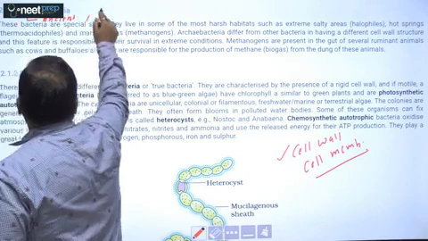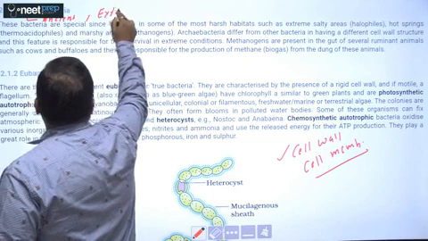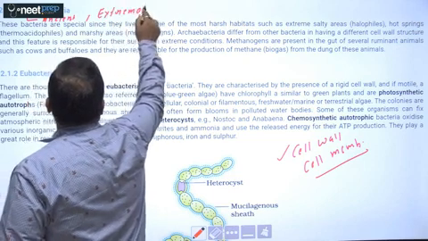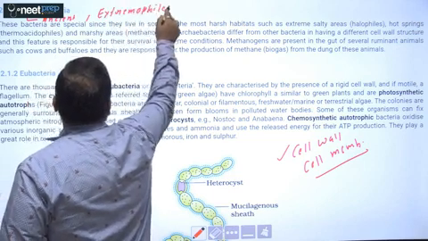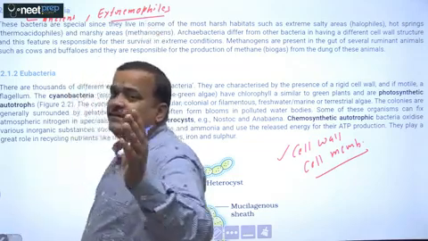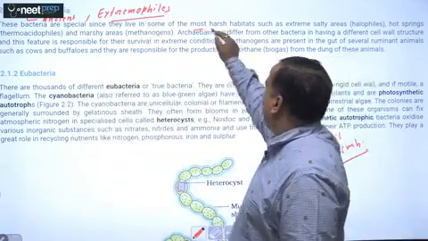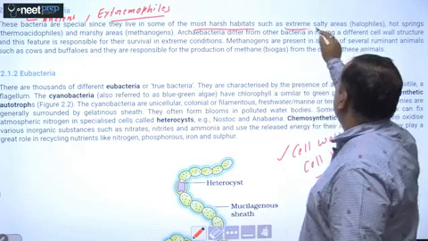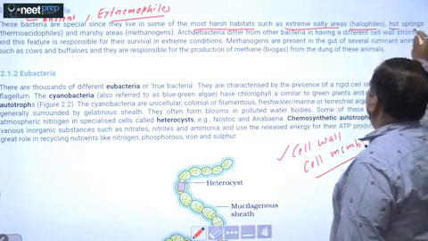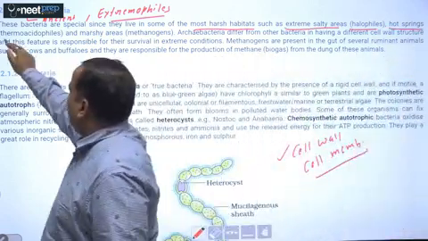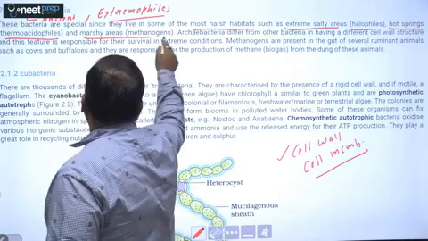We also call them extremophiles because they are present in extreme environmental conditions. They live in some of the most harsh habitats such as extremely salty areas, halophiles; hot springs, that is thermoacidophiles; and marshy areas, like methanogens.